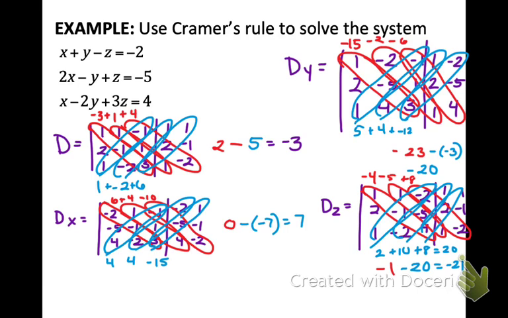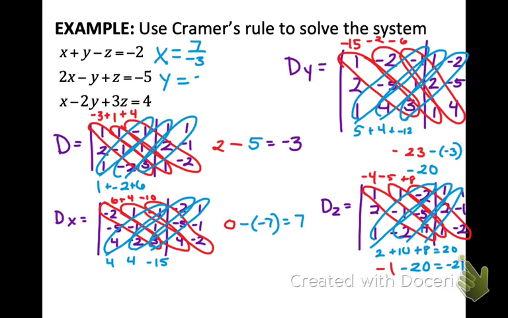Okay, whew, all that. Now we just have to do some division. Tell me what my x is going to be. What over what? 7 over -3. What's my y going to be?